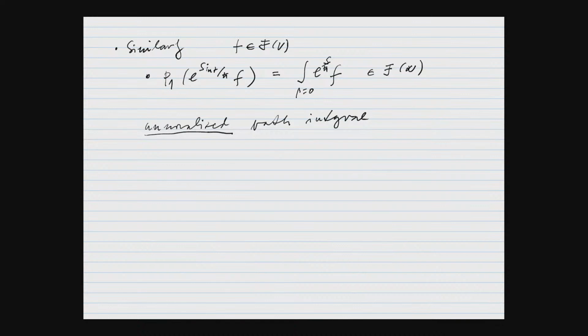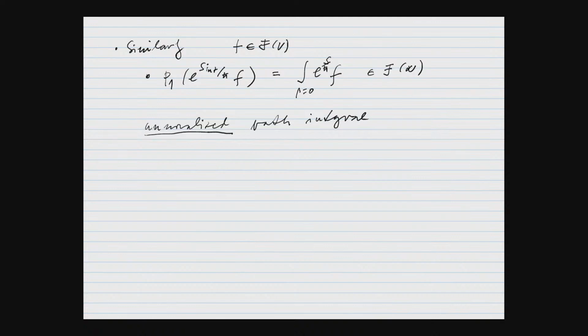Or actually, you can do even more with this first perturbation. You can introduce an effective function, not just the effective action as before, but for any function of your fields.